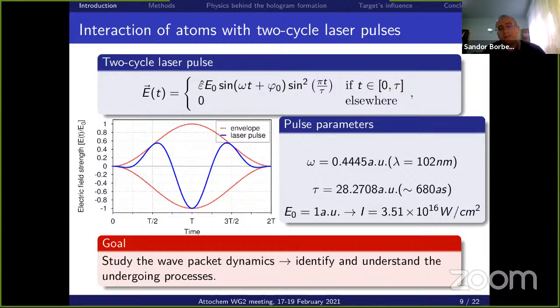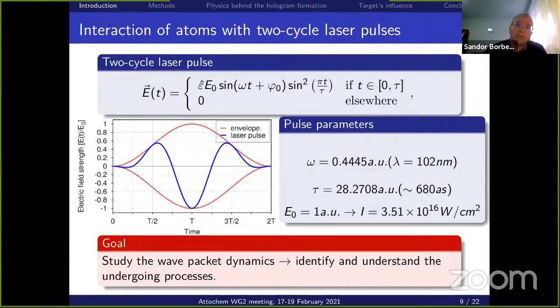In order to study these interference effects, we have used a two-cycle laser pulse. It's a time-symmetric laser pulse. We chose this pulse shape in order to have the spatial interference as the dominant interference effect in the momentum distribution of our continuum electrons.